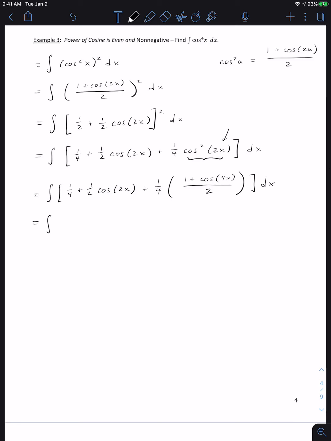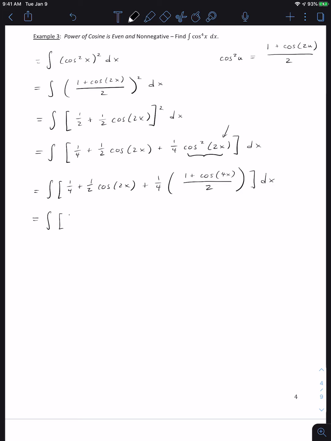So simplifying this, I get 1/4 plus 1/2 cosine of 2x plus, remember this here is 1/2 plus 1/2 cosine of 4x, so 1/4 times 1/2 is 1/8, plus 1/8 cosine of 4x, dx.